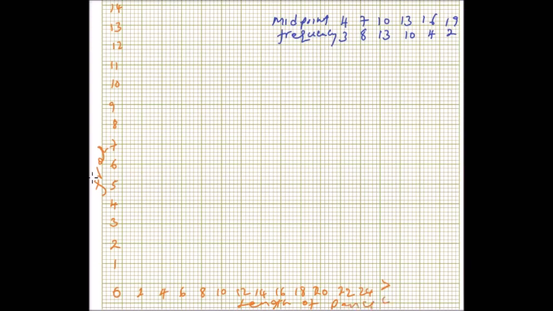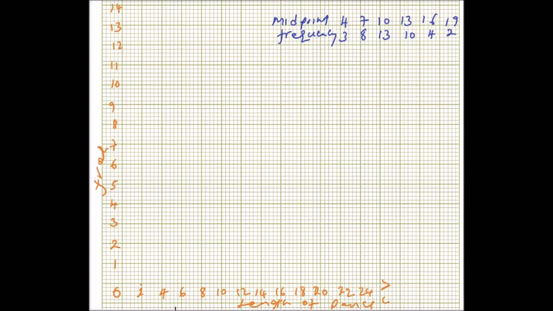So we have our first class was from 3 to 5, and the midpoint was 4. The previous class must have been from 0 to 3, so the midpoint must have been 2.